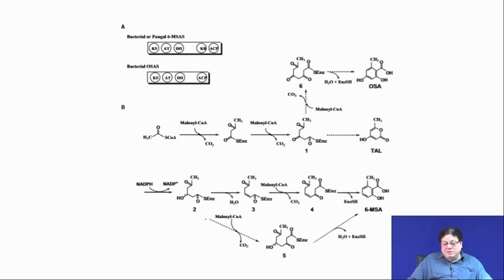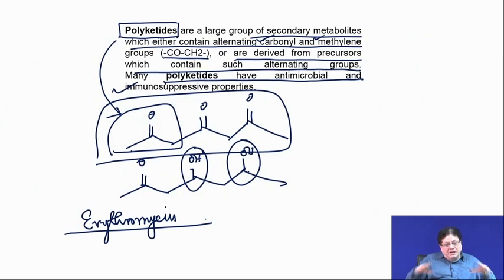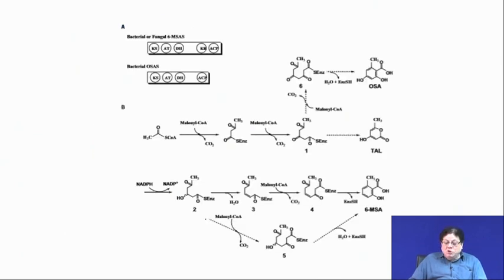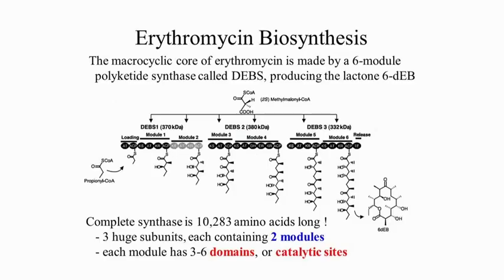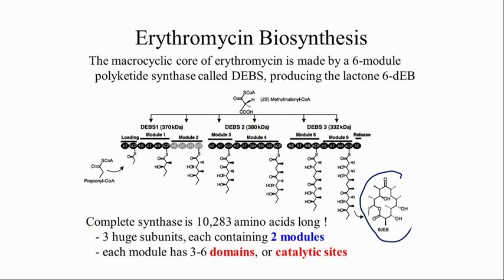Now, erythromycin is a macrocyclic compound. It is a big macrocycle that is present in erythromycin. Okay. I will show you the structure of erythromycin in some slide. This is not erythromycin. This is one of the precursors of erythromycin called 6-deoxyerythronolide B, or 6-DEB.